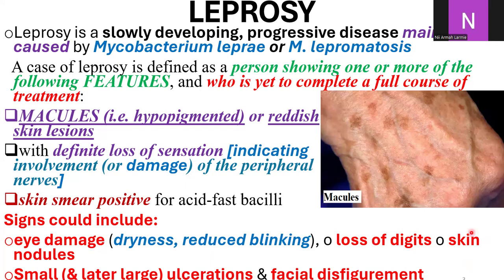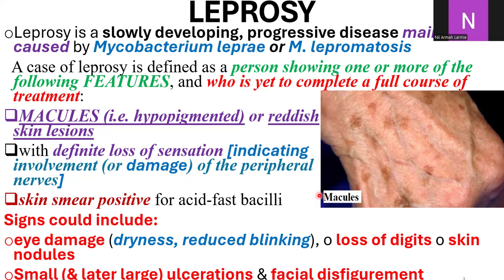You could see some nodules on the skin. Sometimes you could see ulcerations, disfigurement, especially facial disfigurement. Note that leprosy is transmitted through saliva or body fluids. It can be transmitted from one patient to the other through body fluids.